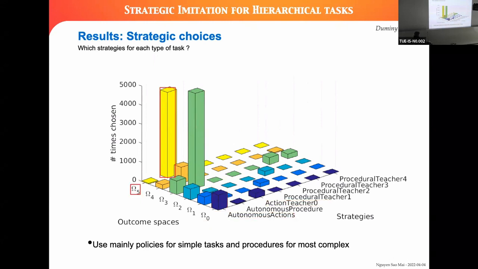For the task omega-5, which was the most difficult, it doesn't have access to a teacher, so mainly it was doing it by itself. And we can see that it preferred to do task decomposition than to do exploration directly in the policy space. What this says is that it can use mainly policies for simple tasks and procedures, so task decomposition, for more complex tasks.